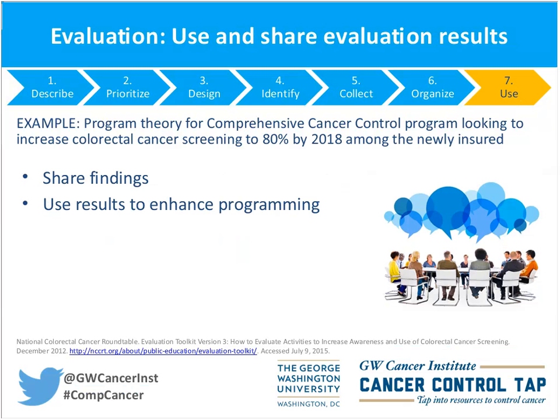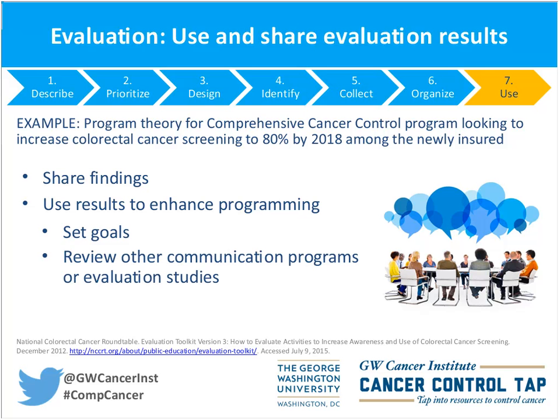Consider the following suggestions when making programmatic decisions based on your evaluation findings. Set goals for process and outcomes to help you gauge your success in meeting outcomes and help you prioritize program improvement efforts. Review other communication programs or evaluation studies and integrate their best practices into your program.